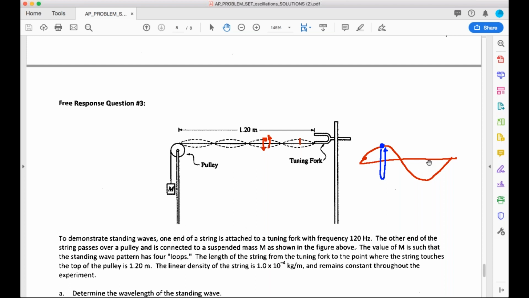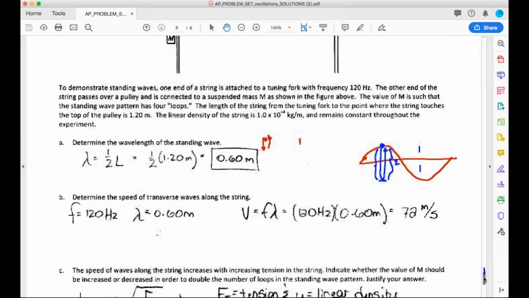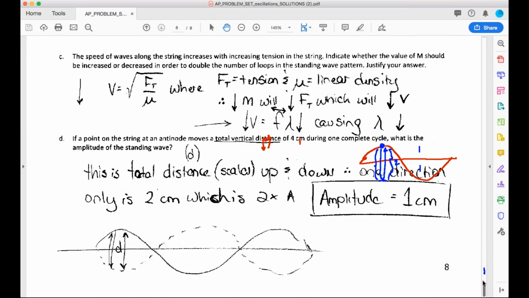So that's going to be 4 times the amplitude. So this would be 1 centimeter, that would be 1 centimeter. So it's going to be 2 centimeters just to get to the other side, and then another 2 centimeters to get back up where it started from. And so our answer to part D of FRQ number 3 involves recognizing that the amplitude is just 1 centimeter in this case.